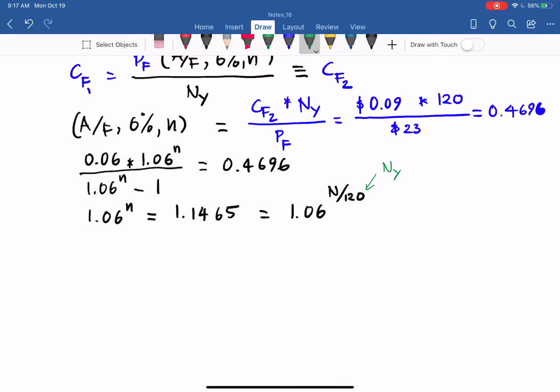From that, you use your calculator and you can find n equal to 281 uses, and that is the more realistic answer.